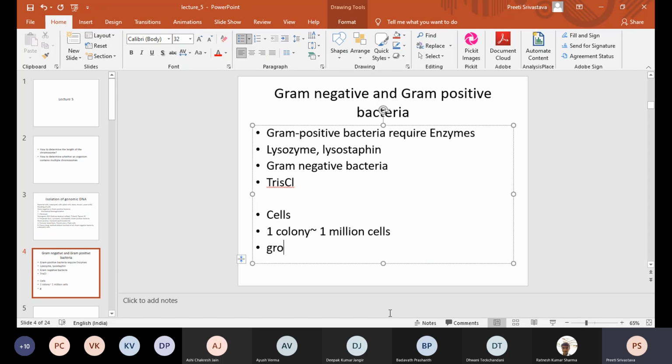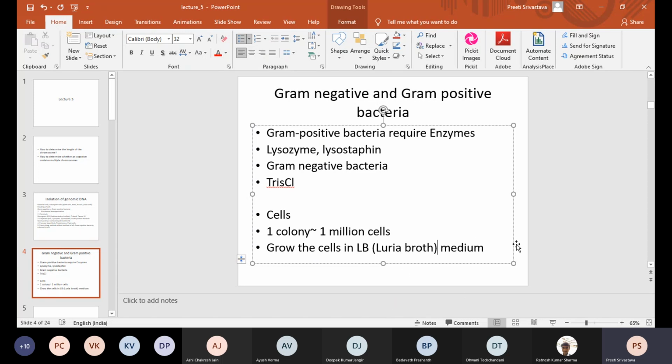For that you can grow cells in LB. LB is a growth medium. LB is actually Luria broth, and Luria broth contains yeast extract, tryptone and sodium chloride, right?